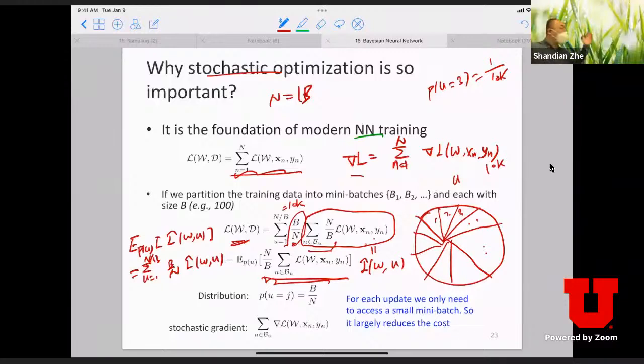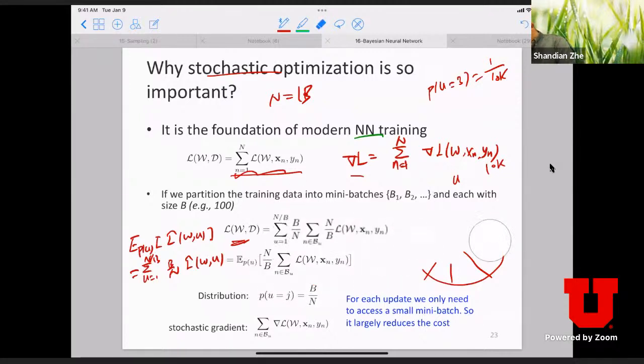You just randomly partition them. You cannot let one data point go to two different mini batches. You have to partition them. For example, suppose this is your data set. You're going to partition your data points into those mini batches.